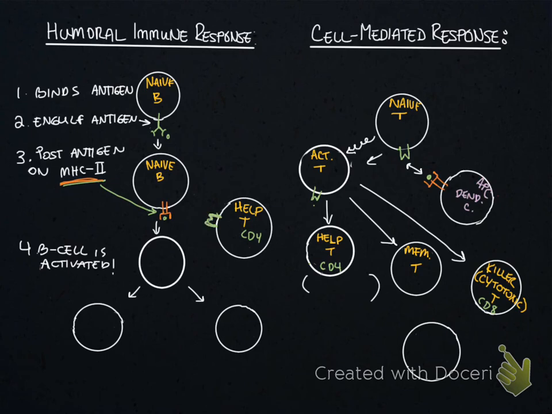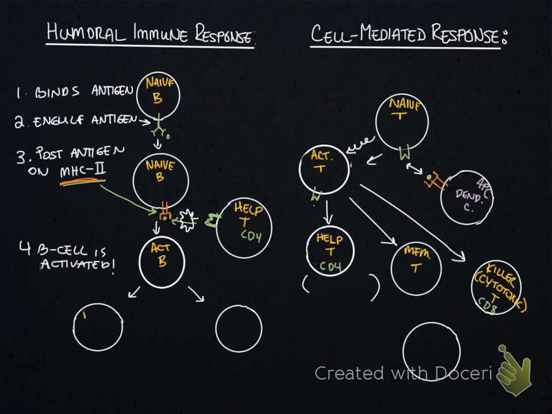And if this T cell receptor is specific for that antigen, it will activate this naive B cell. And now we have an activated B cell. And now it can become its functional cells.